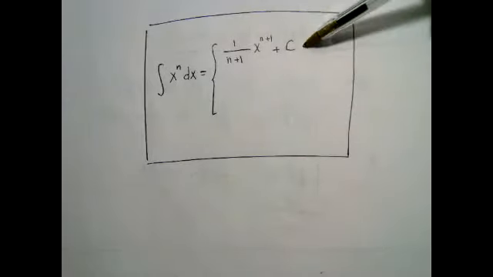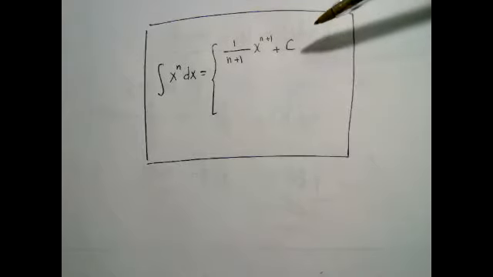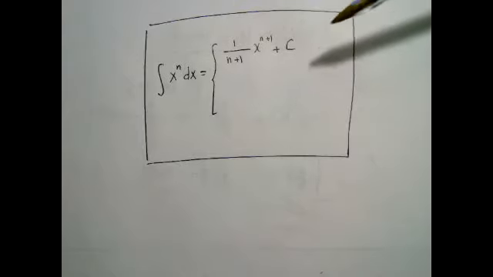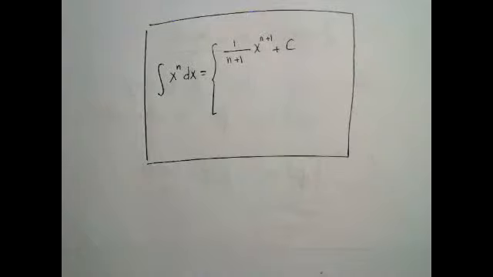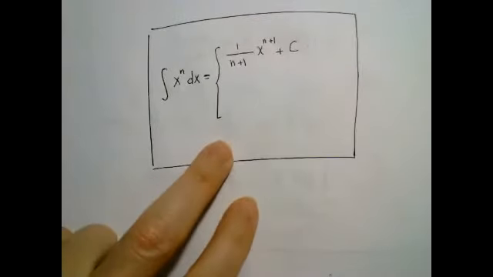This is the formula, but this formula has a problem somewhere. Where is the problem? I want you to stare at it a little bit and tell me where the problem is.